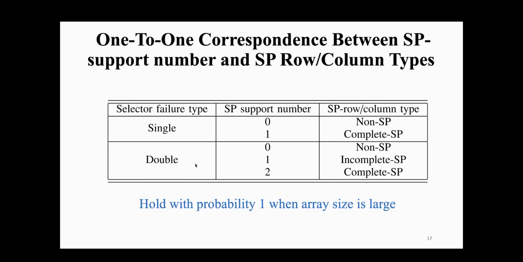Now we are ready to give the detection scheme. We first show that by using probability theory, as the array is large, there is a one-to-one correspondence between SP support number and the SP row and column type.